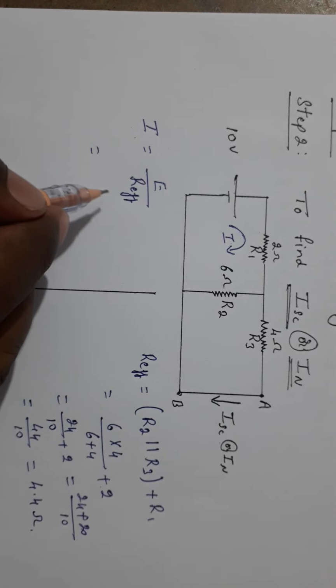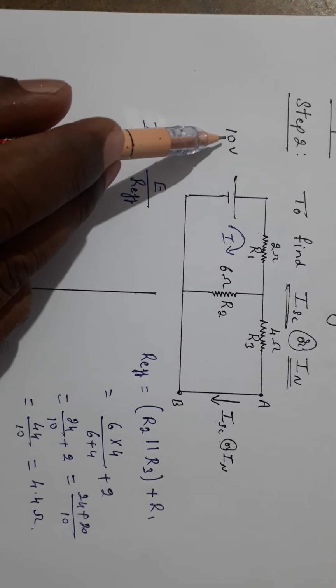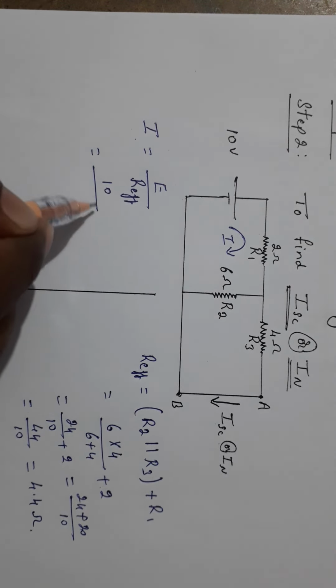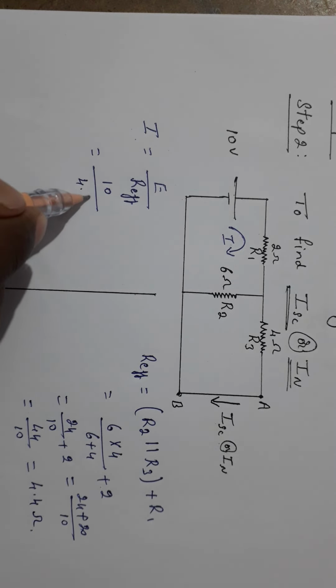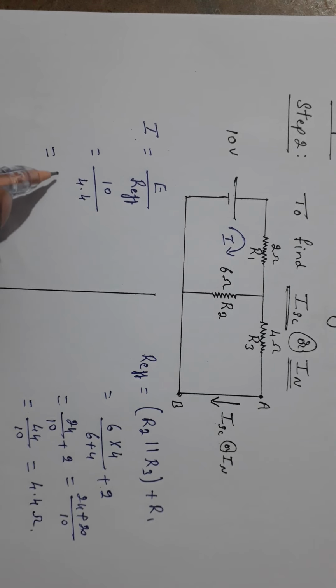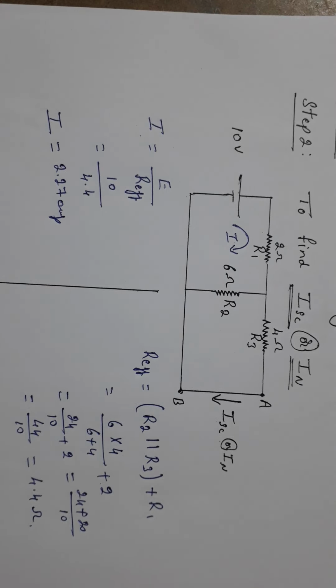Therefore, I equals the E voltage, 10, divided by the effective resistance 4.4 ohm, so I equals 2.27 amp.